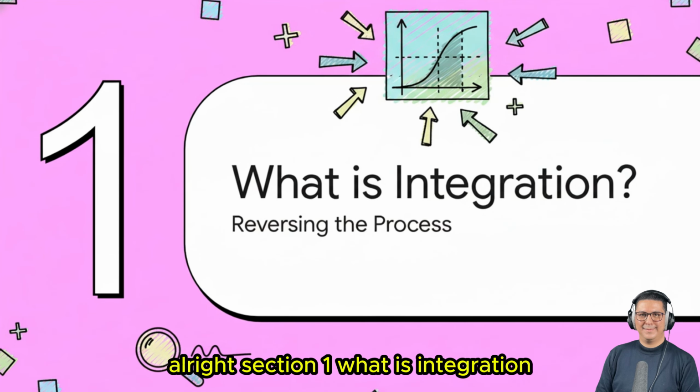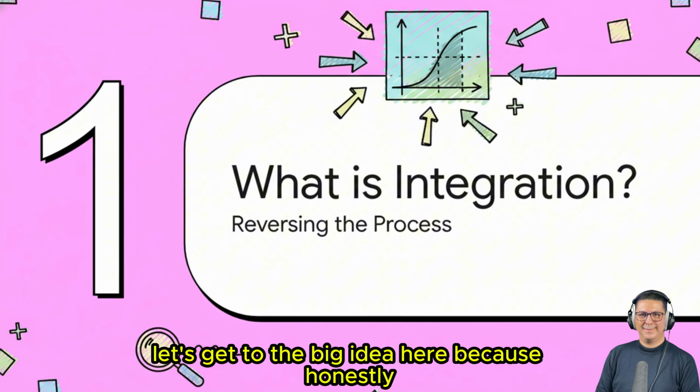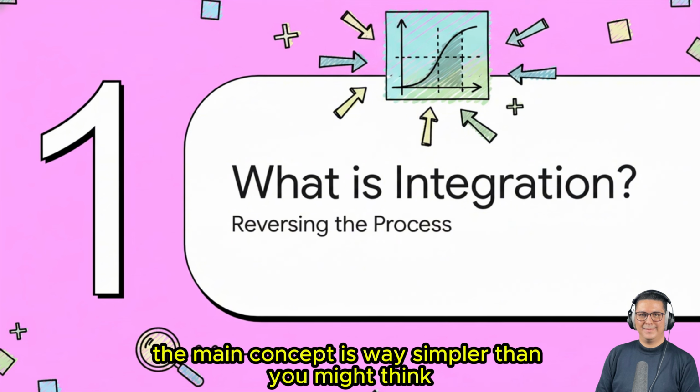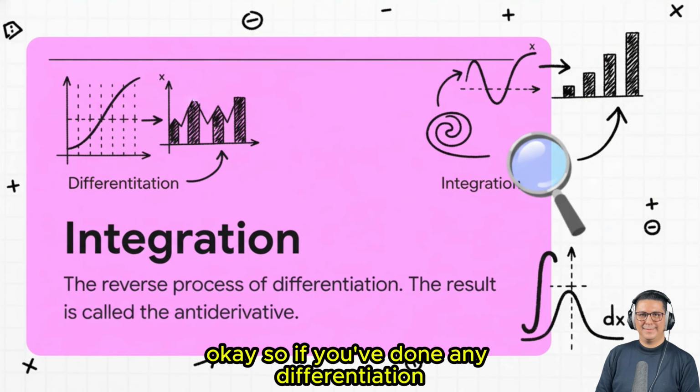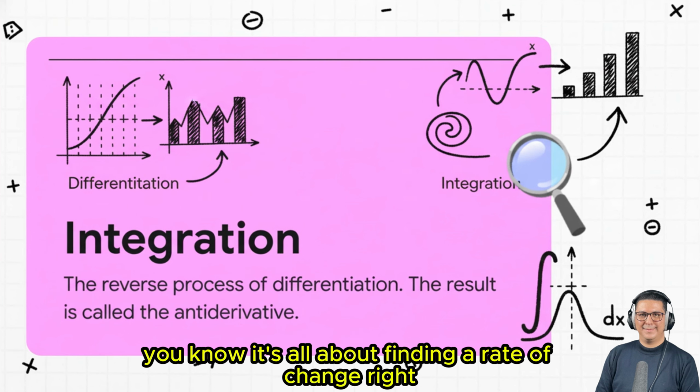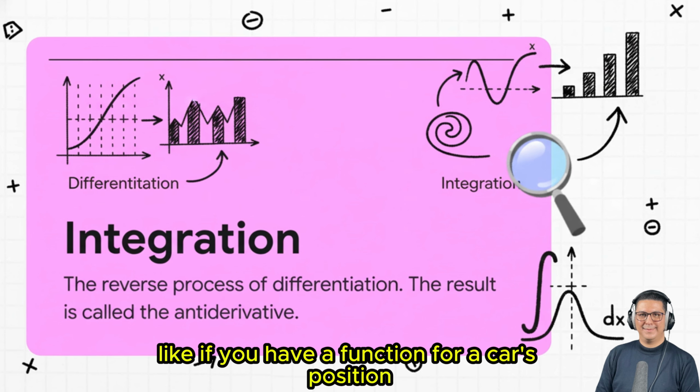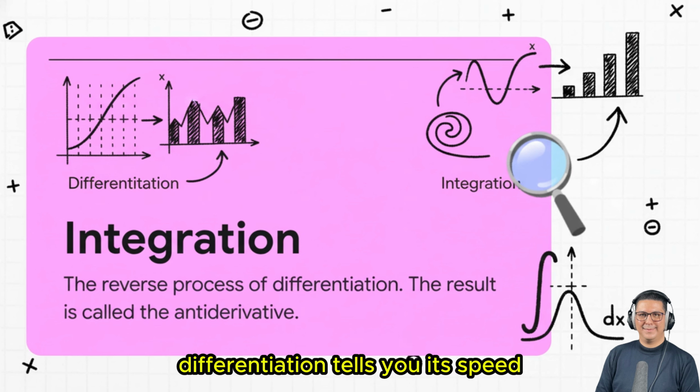What is integration? Let's get to the big idea here, because honestly, the main concept is way simpler than you might think. Okay, so if you've done any differentiation, you know it's all about finding a rate of change, right? Like if you have a function for a car's position, differentiation tells you its speed.